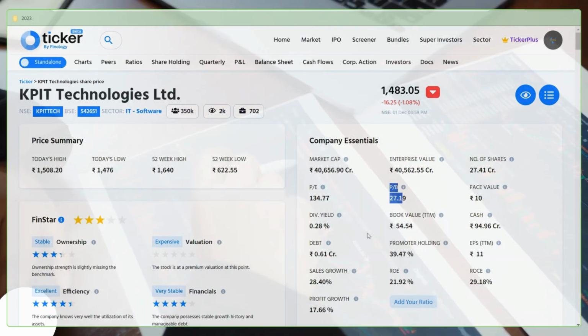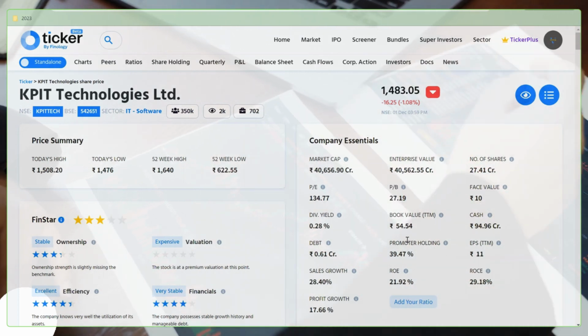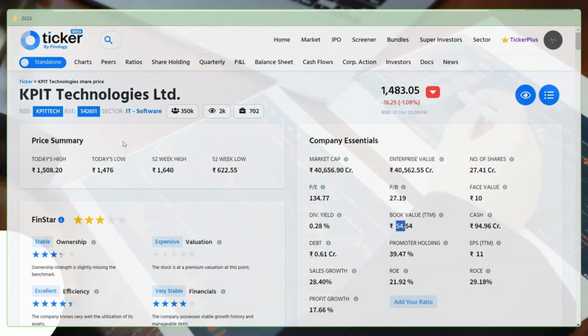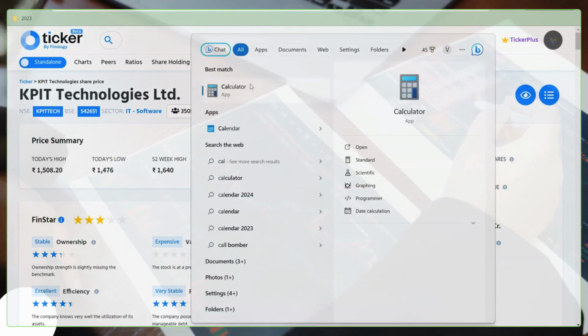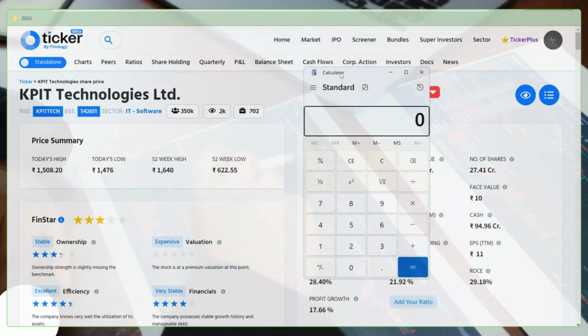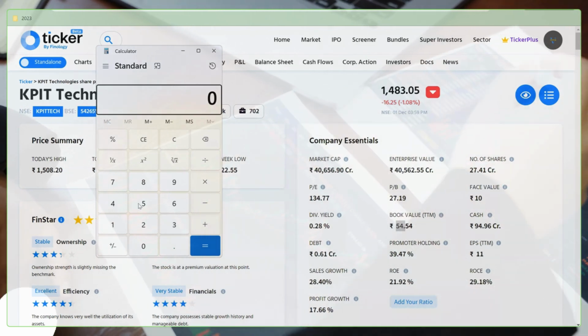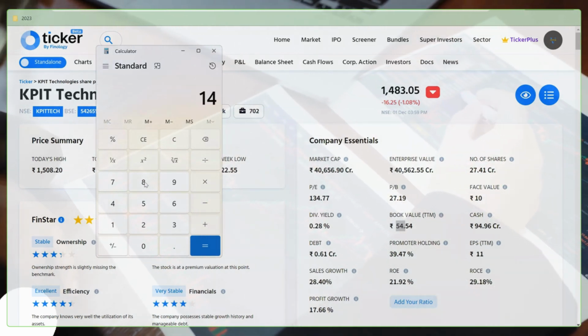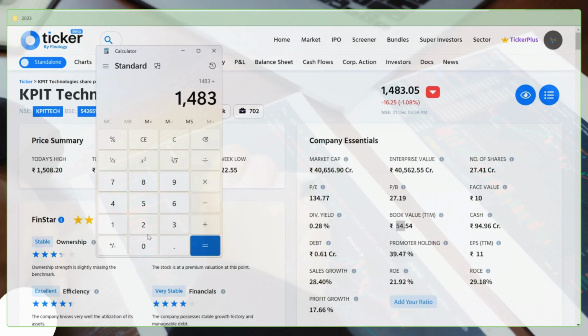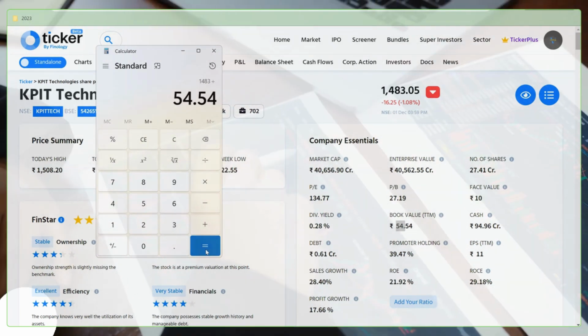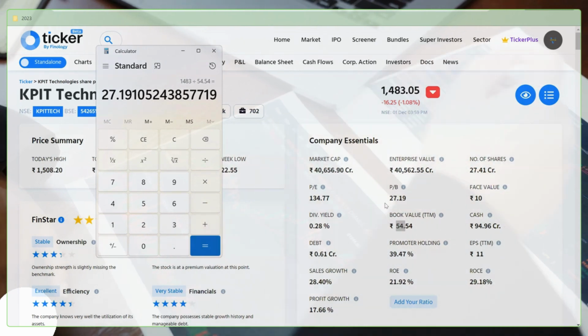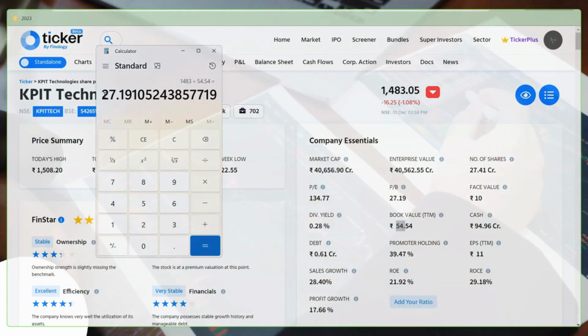If you divide the current price, 1483, by 54.54, you get 27.19, right? So this is the PB ratio.